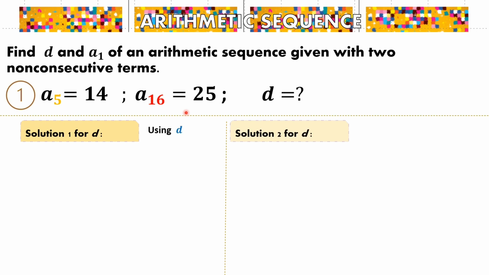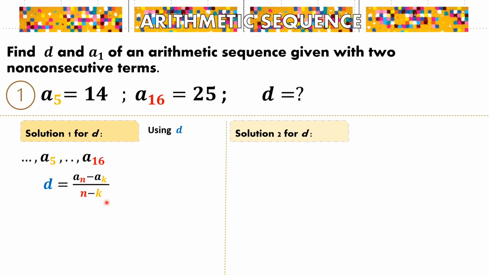let's use the formula in finding d given two non-consecutive terms, of which a sub 1 is not one of them. So the given is a sub 5 and then a sub 16. So d is equal to a sub n, the last term, minus a sub k, the other previous term, all over n minus k.